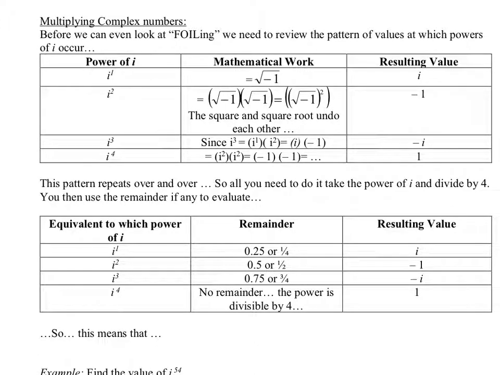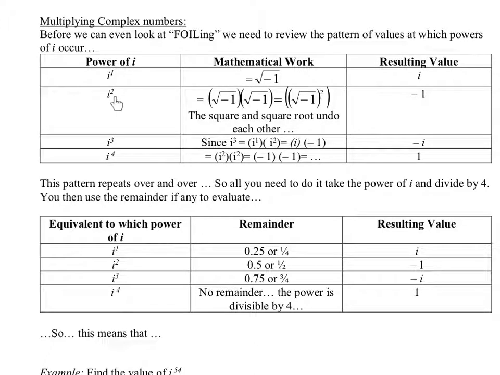All right, so if we square i, what ends up happening is we end up having two of these root -1s multiplied together, and when we do that, the square root of -1 times the square root of -1 equals the square root of -1 squared, and we know that these two things are inverses and they cancel each other out. So what we're left with is -1.